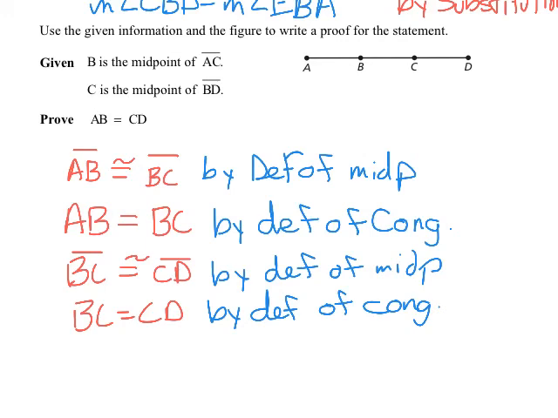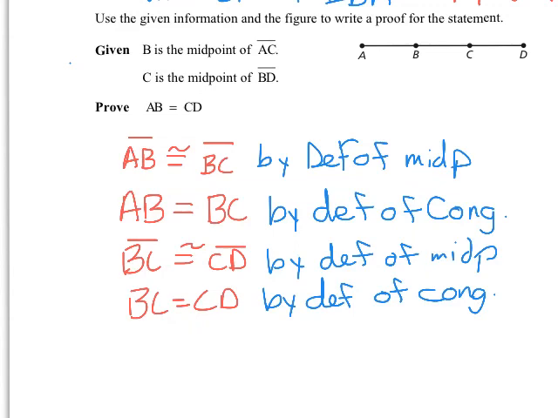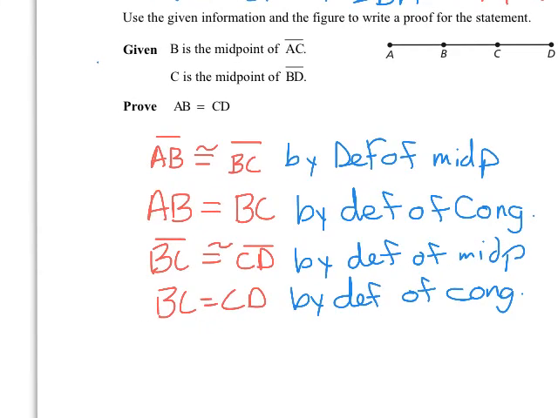Now, do you see a way that we can get AB and CD together? So we're really trying to focus in on this line and this line, right? Because that's where our equality statements are.